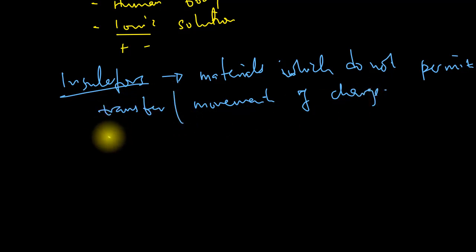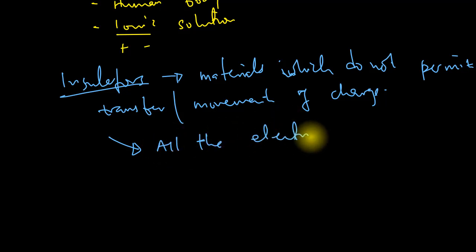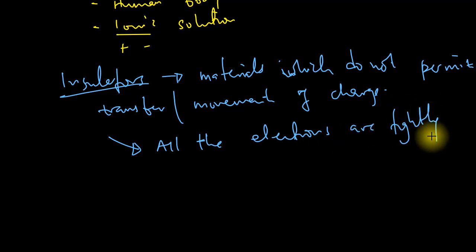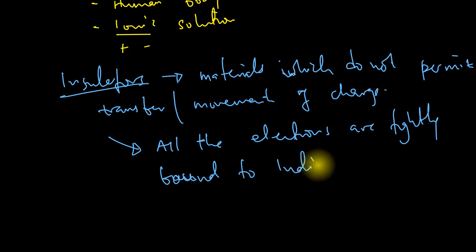Some of the characteristics of insulators is that all the electrons are tightly bound to individual atoms. So you don't have any free electrons that can move throughout the material to contribute to its conductivity. And that's all we have to say about insulators.